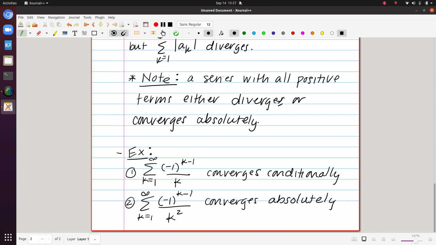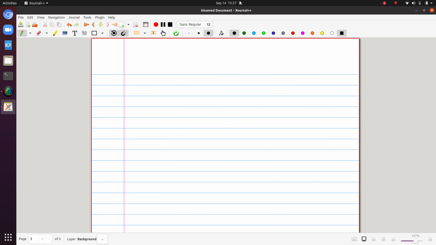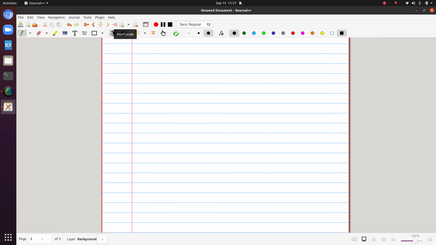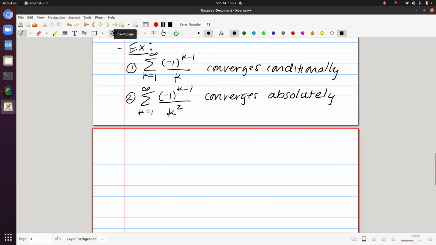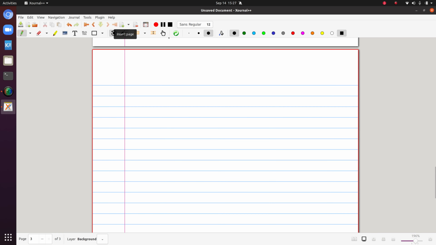So because both of those converge, that leads to what we call absolute convergence. Now, it does take some practice to get used to determining absolute versus conditional convergence, especially if you have a more complicated series. We're going to have a whole video devoted just to going through examples where we look at that.